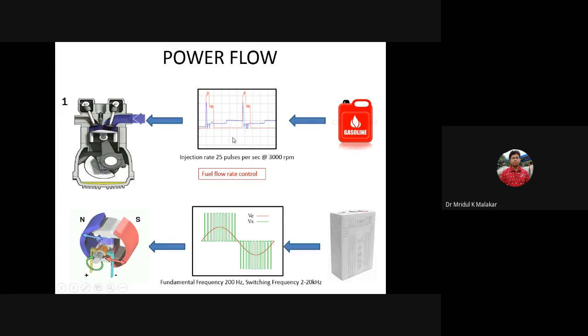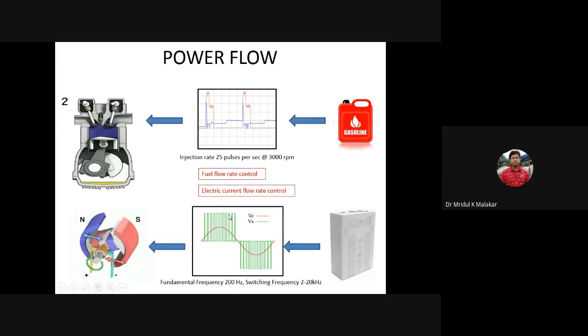So it is rotating. One thing we can see is that it is fuel flow rate control. What I'm trying to explain here is, like in a bike or a car, when I start to accelerate the system, what exactly are we doing? Accelerating means you are controlling the rate of fuel. In the IC engine case that is so, and for the electrical case, once we control the torque and the speed, we are actually controlling the current, the rate of change of the current.